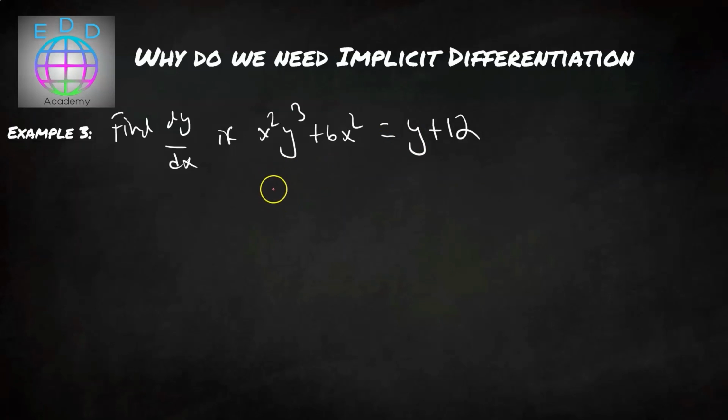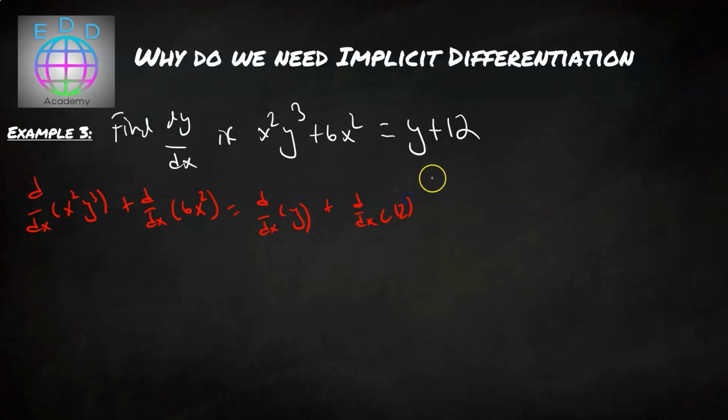So immediately we can see that there's a sum rule on both sides, so we can write d/dx of x squared y cubed plus d/dx of 6x squared, covering those terms on the left side, equals d/dx of y plus d/dx of 12.